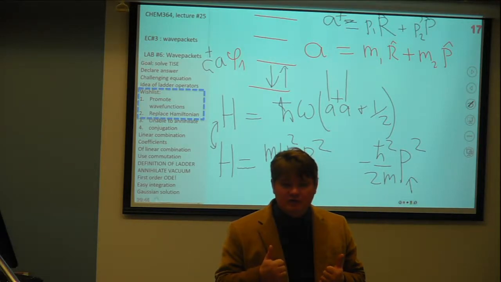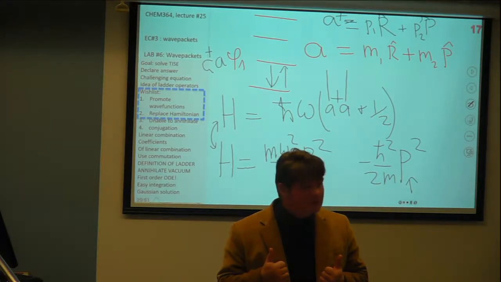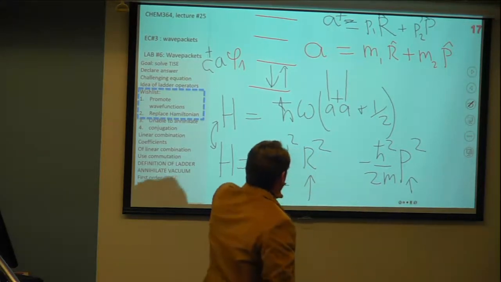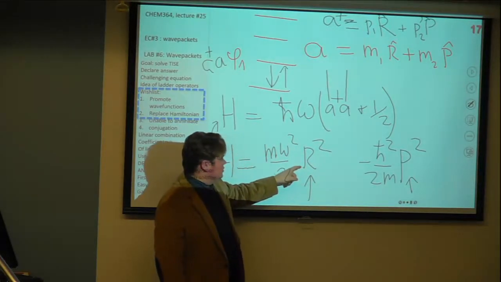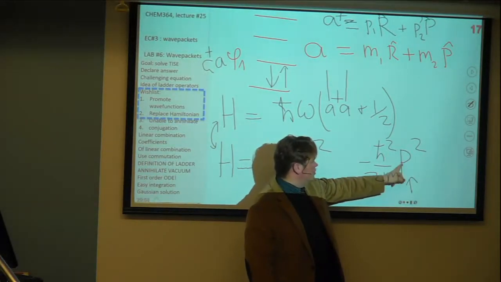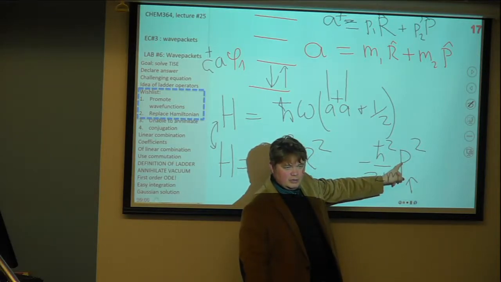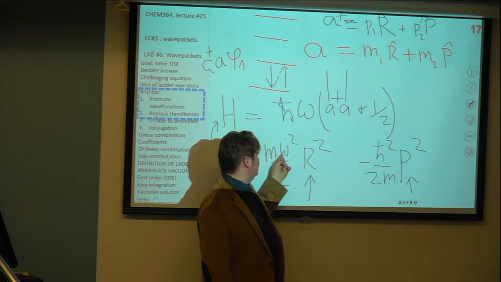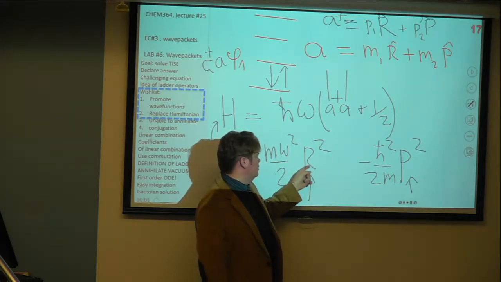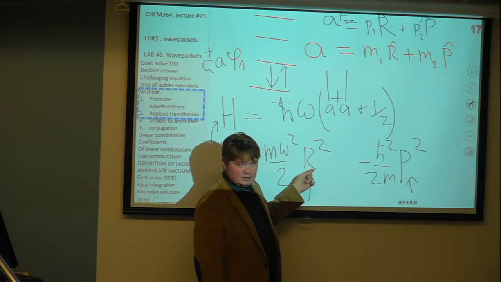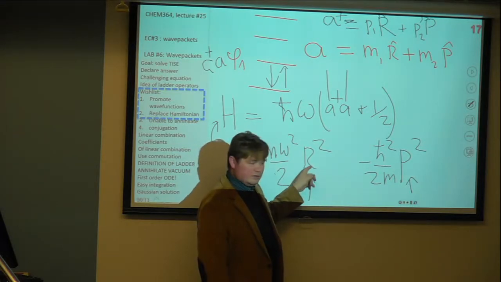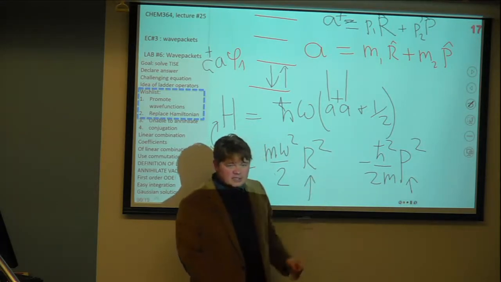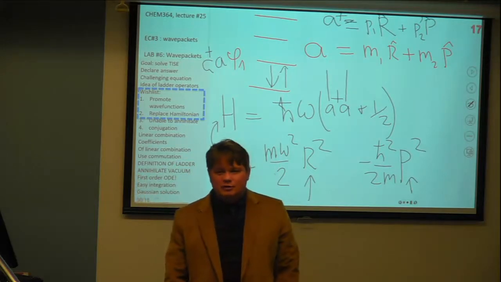And we do know that the Hamiltonian can be expressed in terms of position and momentum. Instead of the differential operator for momentum, you can just put p squared, and m omega squared as the elongation squared, as the position squared. So the Hamiltonian is expressed in terms of position and momentum.